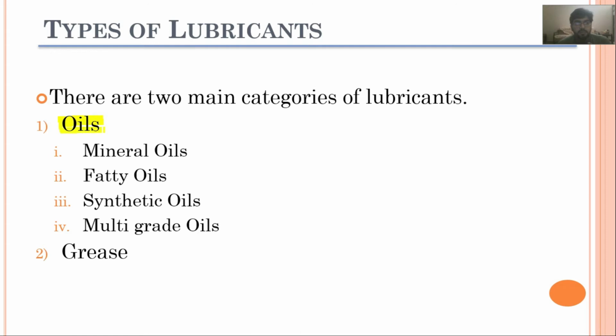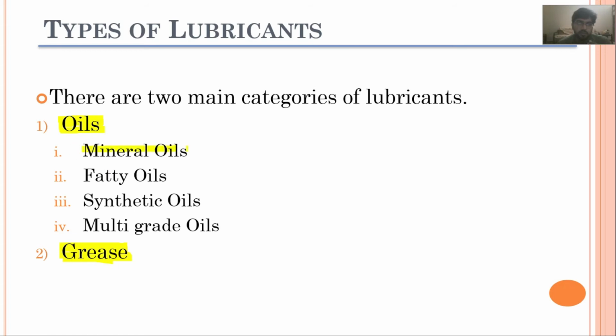First one is the oils, and the second classification is grease. Greases are not generally used for lubrication inside the IC engine. In oils, there are some other types as well.